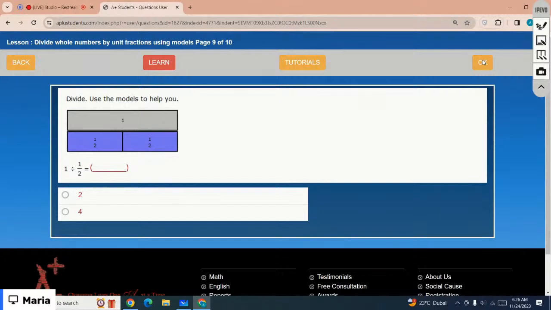The correct option is 1 divided by 1 half equals. Yes, the correct option is 2.